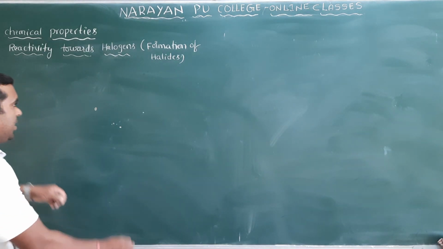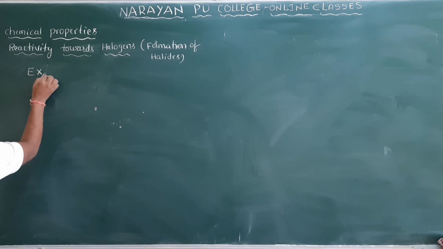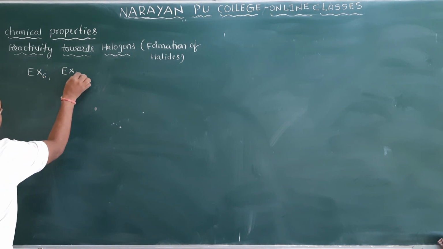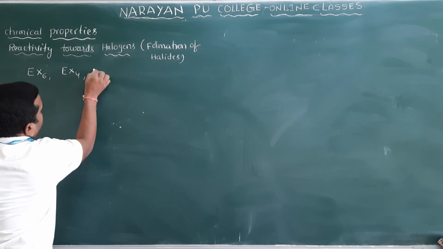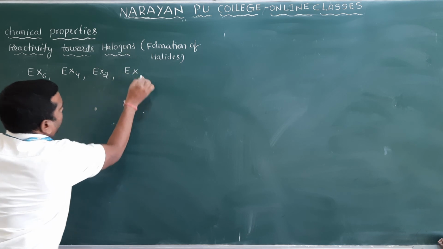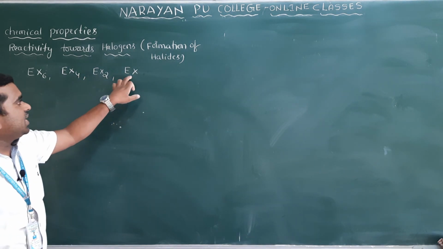I will write the formulas one by one: EX6 hexahalides, EX4 tetrahalides, EX2 dihalides, EX monohalides.